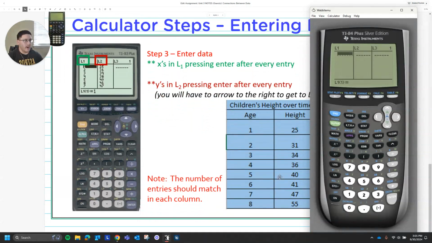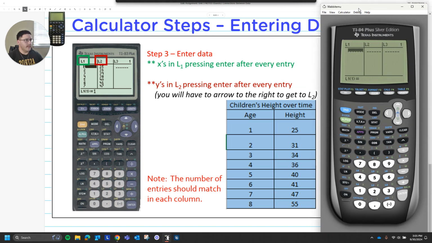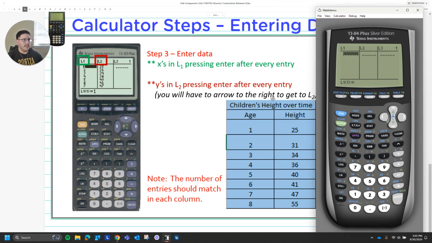Now we're going to enter all our values from the table. So for a vertical table, again, the left side is usually your X's, the right side is usually your Y's. In this case, x's are going to be our L1s, and then y's are going to be our L2s. So just start entering what we need for L1 and L2.